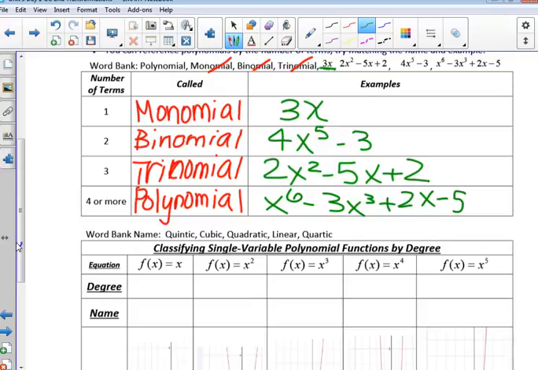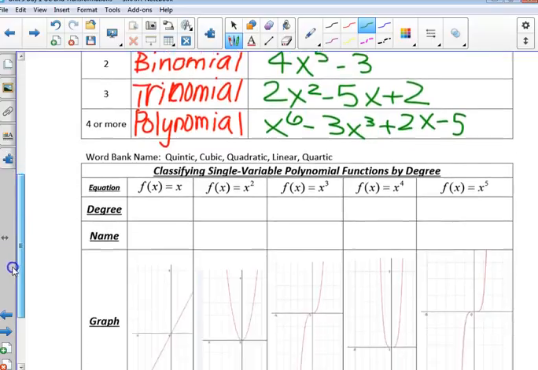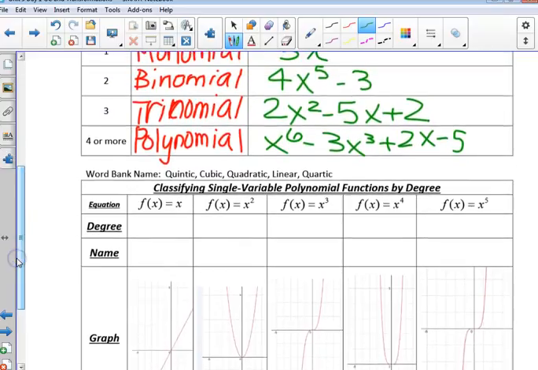Okay. This part down here, classifying the single variable polynomial functions by degree, this is important. So notice that we have our parent functions, as on the board. F of x equals x. F of x equals x squared.